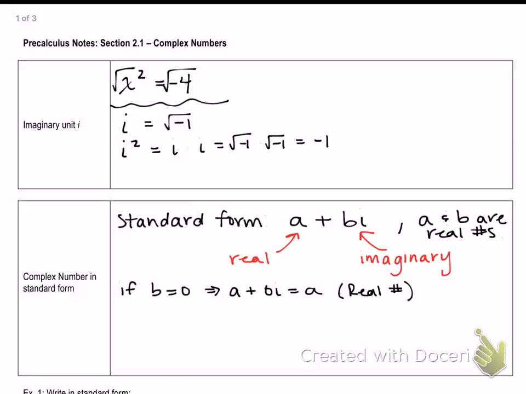All right, and then say, what about if a is equal to 0? Okay, well then I have 0 plus bi, which is just bi, and notice that the real part of this drops out. So this is known as a purely imaginary number.